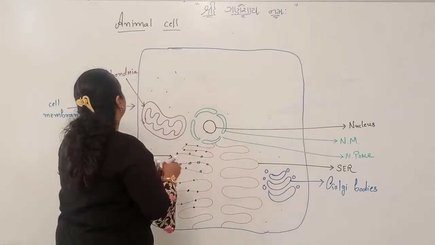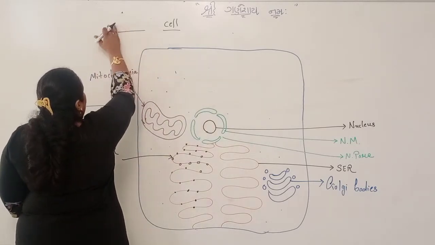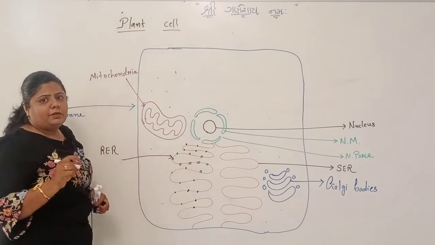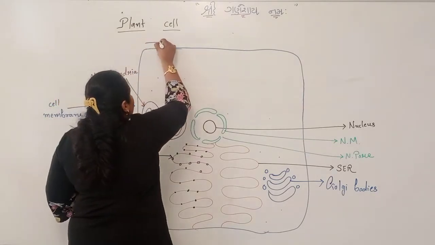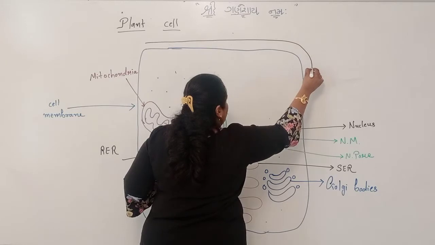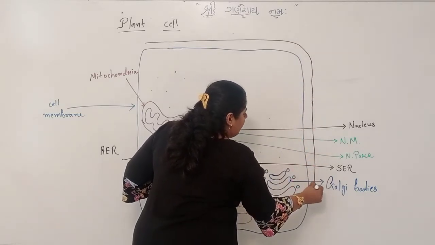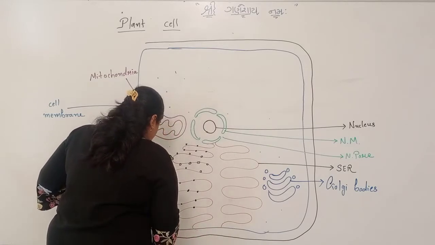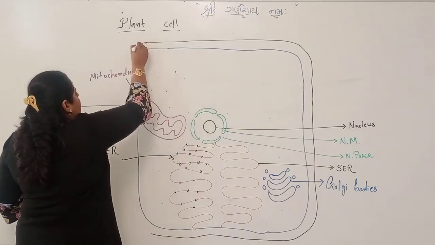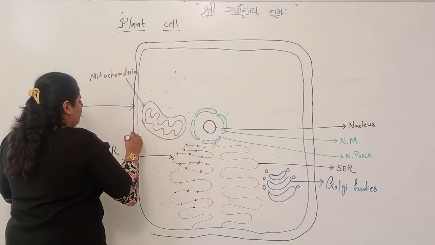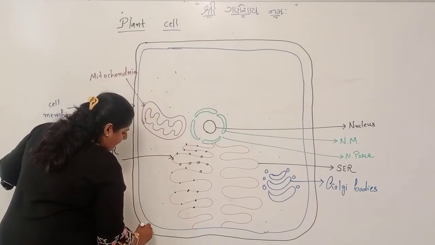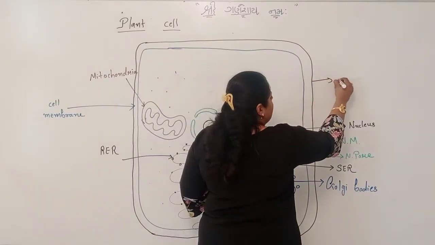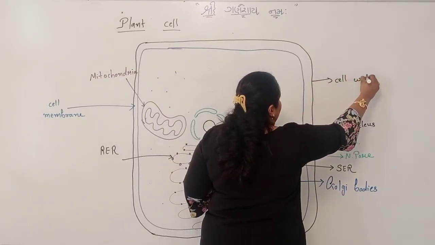Now, it's called a plant cell. The cell wall is made up of a crisscross connection of cellulose. We can't digest this cell wall because we don't have the enzyme cellulase in our body. So this is the cell wall.